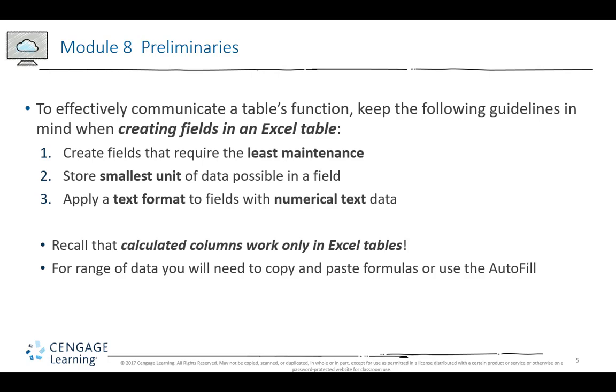So when we're using numbers as text, we should not be formatting it as numbers, but instead use a specific text format that will allow us to not lose that digit 0 at the front end of our zip codes.